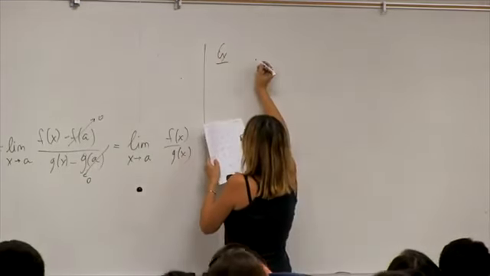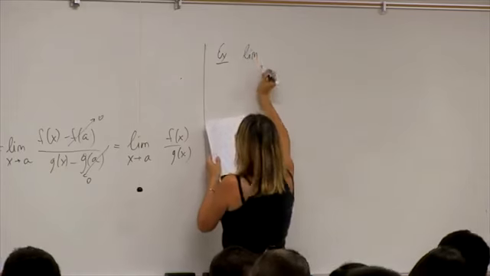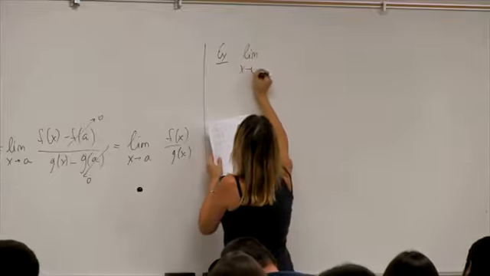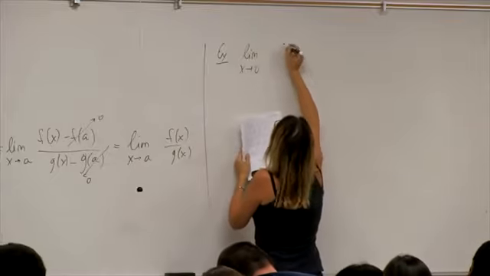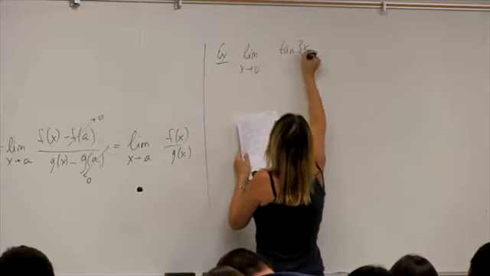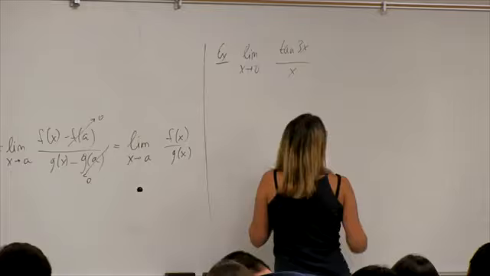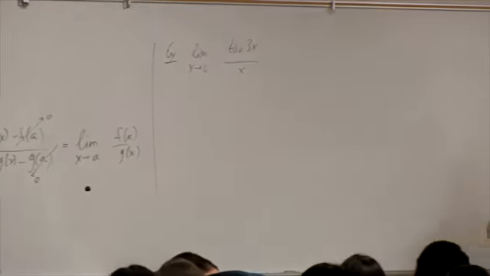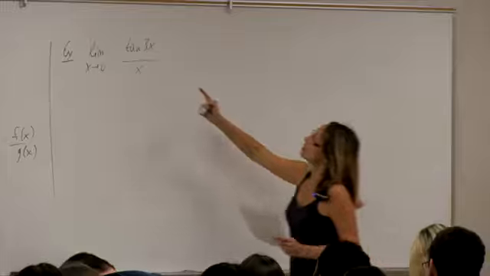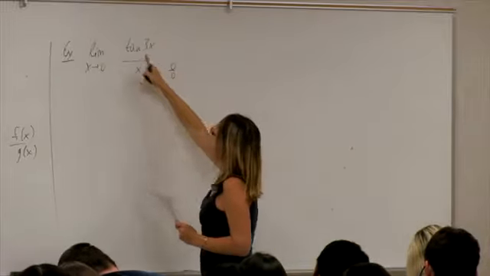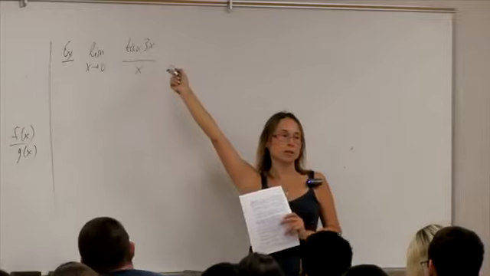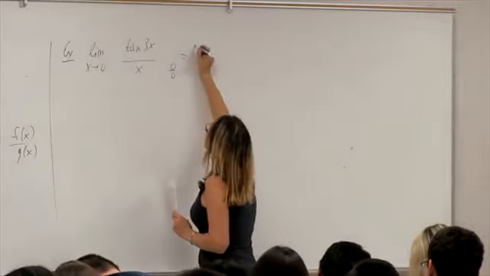Let's look at the limit of tangent 3x over x. So a trigonometric limit. This is 0 over 0 because the tangent of 0 is 0 and x also is 0. So we take the limit.